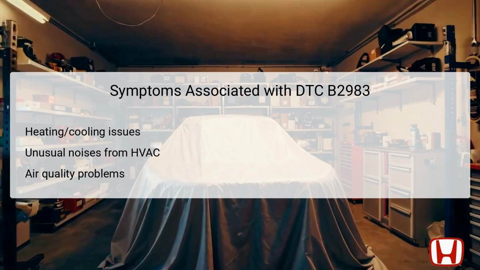Additionally, users might hear unusual noises coming from the HVAC area, which could be a sign of mechanical failure in the recirculation control motor. Finally, the air quality inside the vehicle could deteriorate due to improper recirculation, potentially leading to musty or stale air. These symptoms can significantly affect comfort during driving, prompting the need for immediate inspection and troubleshooting.